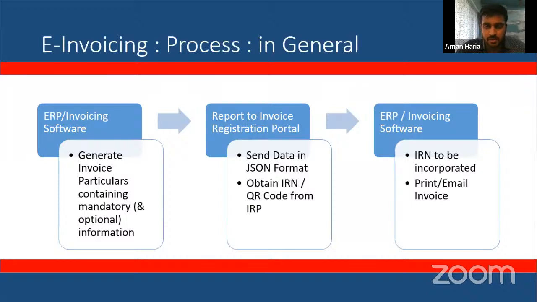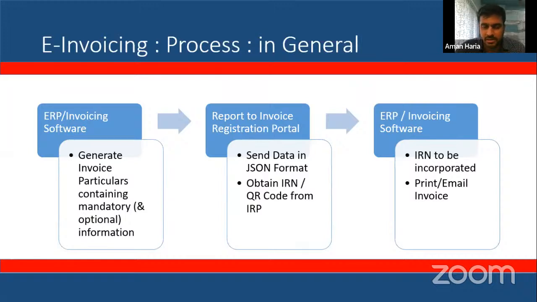Once uploaded, the IRP portal will immediately validate it and give back a signed JSON which contains the IRN and the QR code. This JSON will then have to be entered back into your system. Your system will read it and print the IRN and QR code on your invoice, and then you print it and send it to your customer.